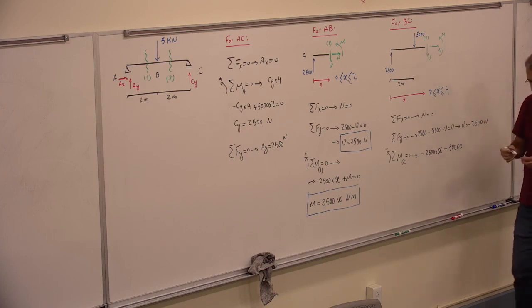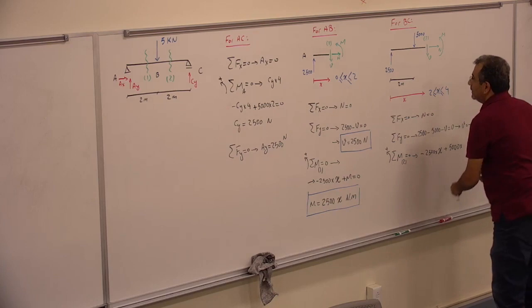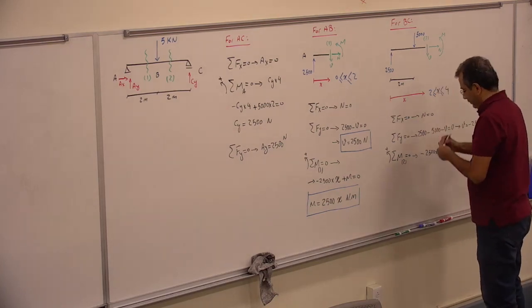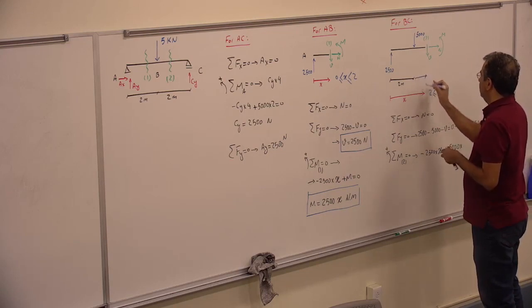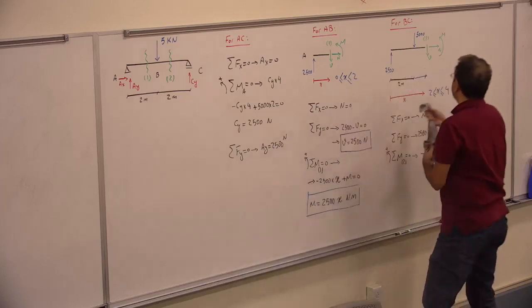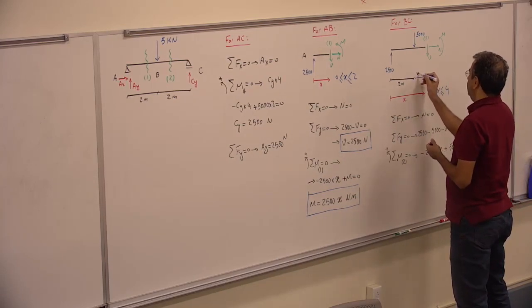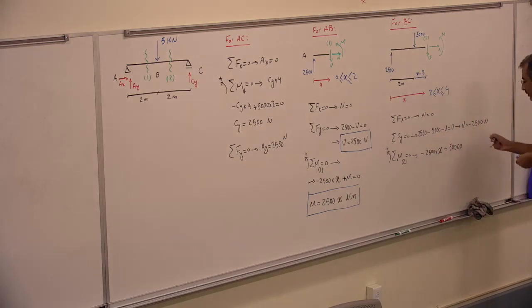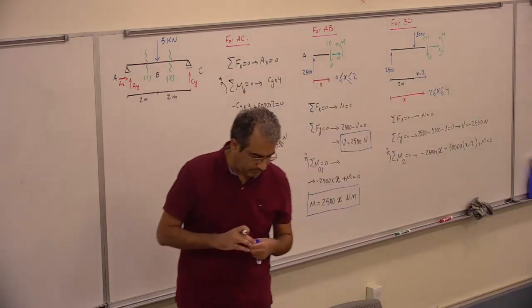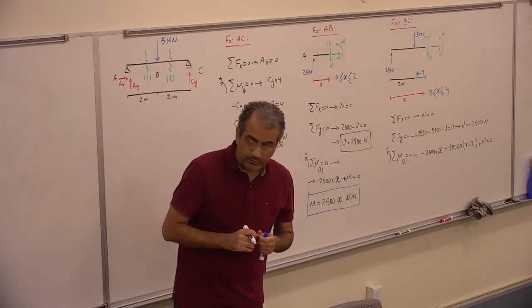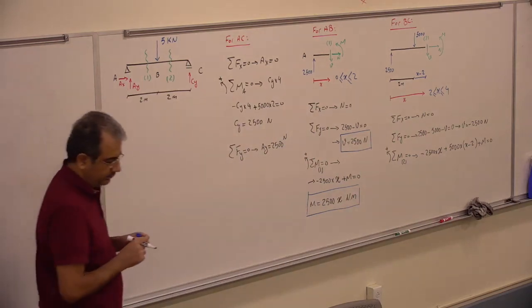This distance here is x minus 2, so it's multiplied by x minus 2, plus M is equal to zero.